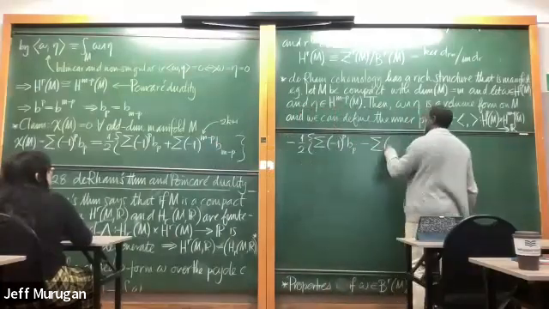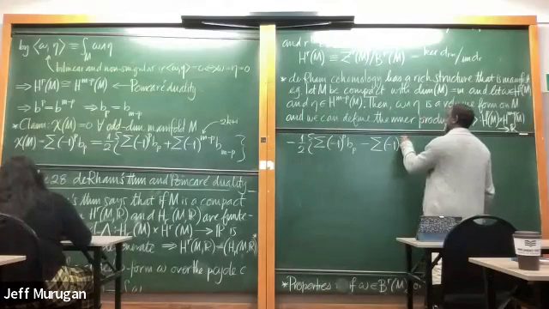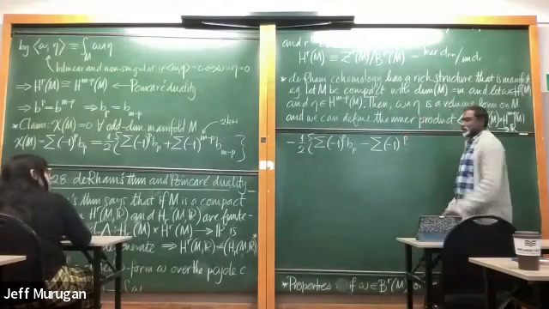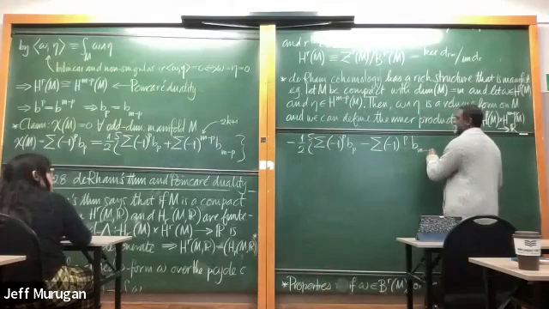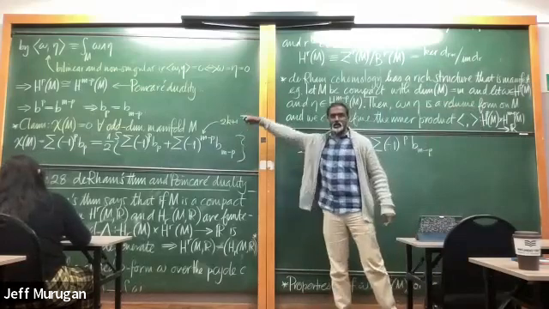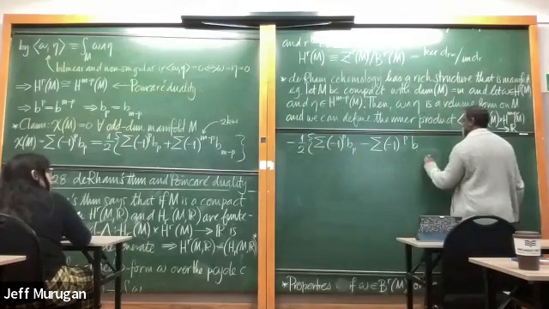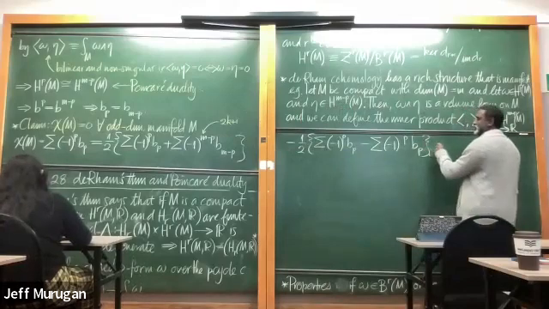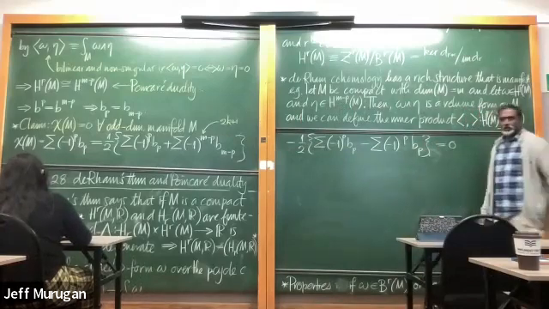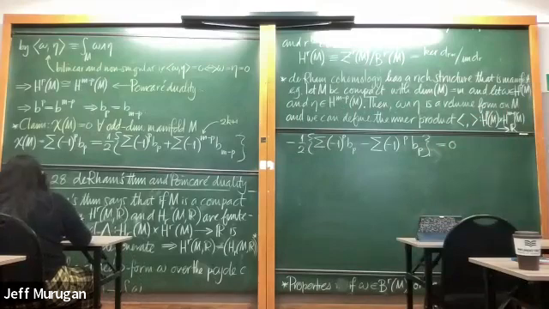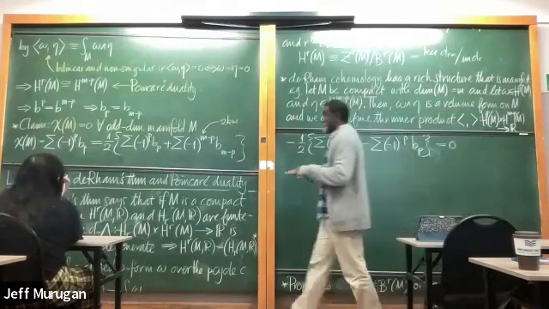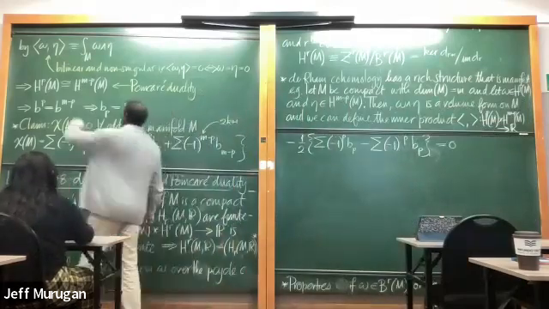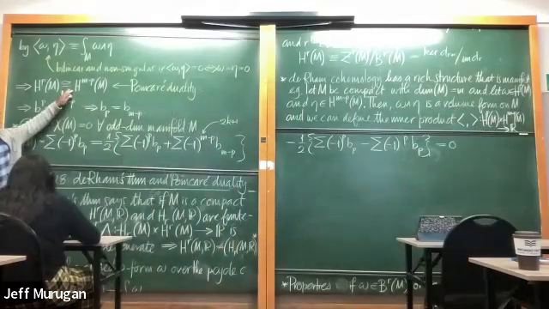So this is (-1)^(-p), which is the same as (-1)^p, and then b_(m-p). But b_(m-p) is the same as b_p from what we just showed. That's 0.